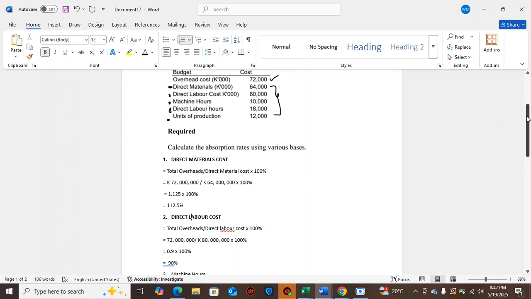Direct labor can be tracked to the product.